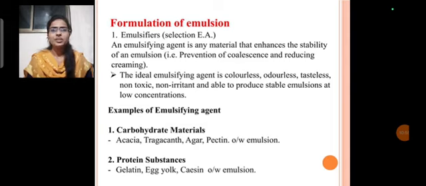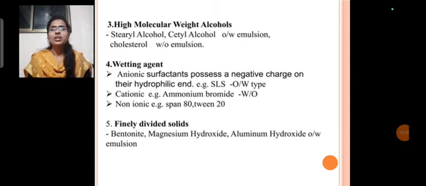In carbohydrate materials, examples are acacia, tragacanth, agar, pectin, used for O/W type of emulsion. Second is the protein substances, in which gelatin, egg yolk, casein are used. Next, high molecular weight alcohols, in which stearyl alcohol, cetyl alcohol, and cholesterol are used.